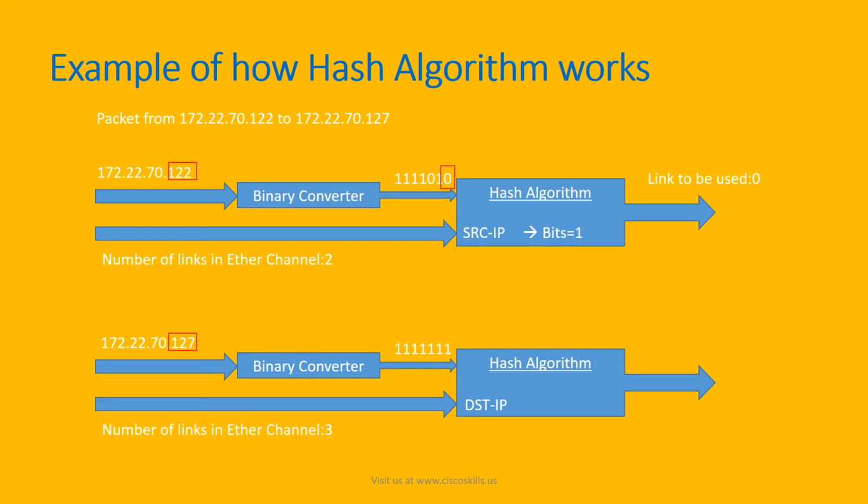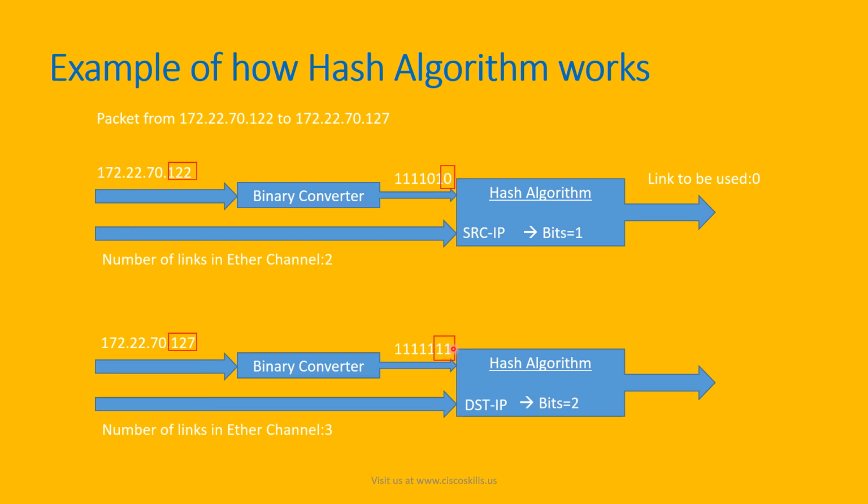In this case the number of links in the EtherChannel is 3, so we have 2 bits, and we use a bit operation, and here's the result. 1, 1 means 3.